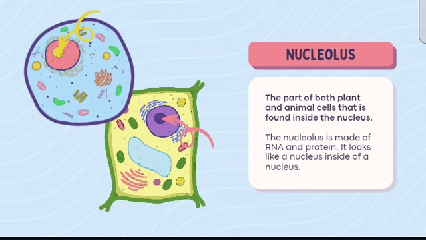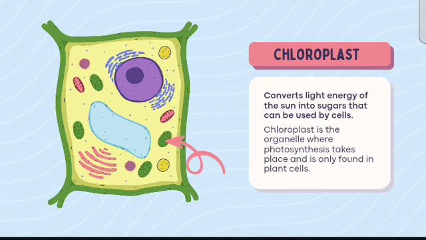The next is vacuole. Vacuole is present again both in plant cells as well as in animal cells. It is a storage bubble, you can say, that stores food and nutrients. All these nutrients are used by the cells to survive. Vacuoles are larger in plant cells and smaller in animal cells, because plants need a lot of storage, like water storage, to make their own food during photosynthesis, and it acts like a storage bag in which waste products, water and all these things are stored.